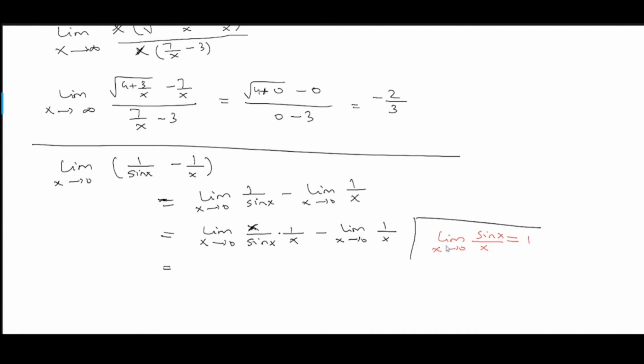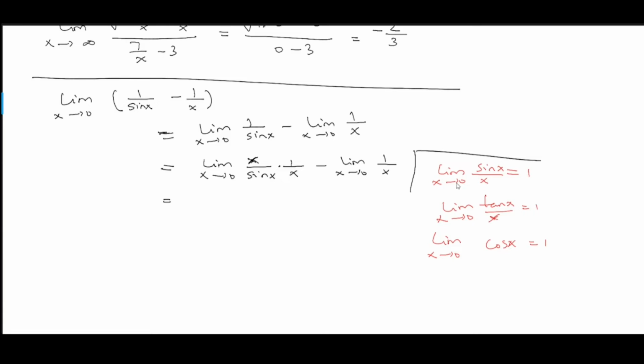We can prove it. I'll do a video on this in a later episode. And also, limit x tends to 0, tan x by x is also 1. Limit x tends to 0, cos x is also 1. We can extend sin x by x to x by sin x, which is also 1.